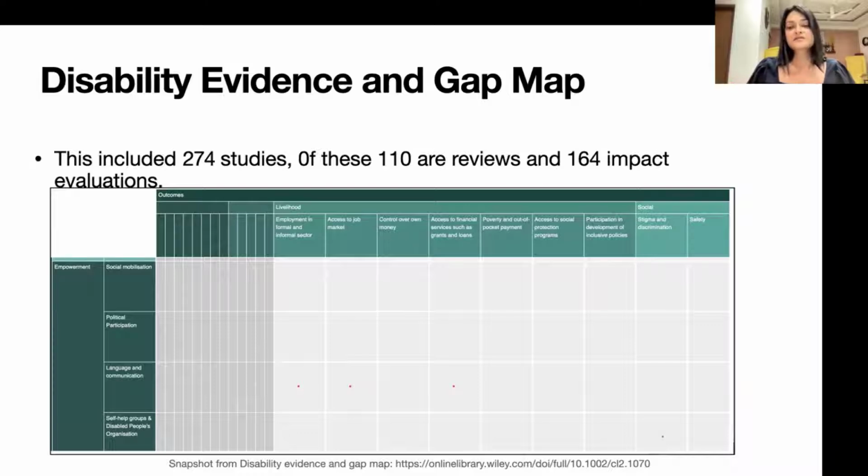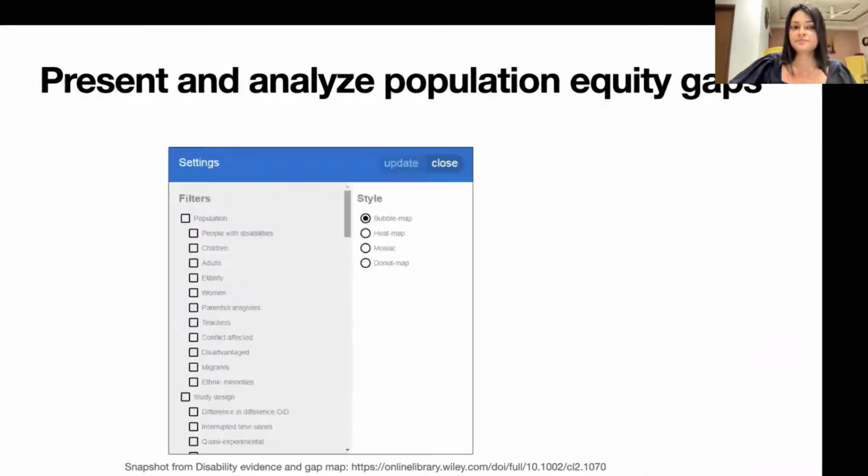Similarly, we had outcomes that are specific to that population group, like stigma and discrimination and access to social protection programs. We can also present and analyze the population and other filters related to equity in an evidence and gap map. You can see a snapshot here, and we can apply the filters and see evidence that is specific to a population subgroup, like disadvantaged populations or migrants.